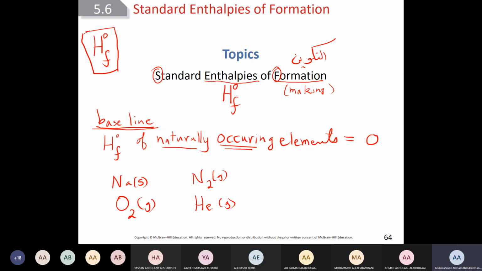Okay. Good. Now, what are the elements which are solid? What are the elements which are liquid? And what are the elements which are gas? Can you tell? Well, what we're going to do is go to the periodic table here.